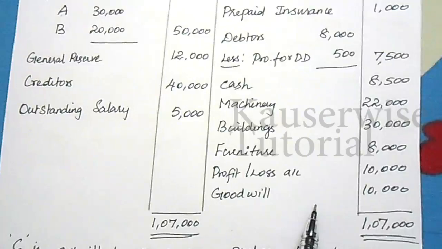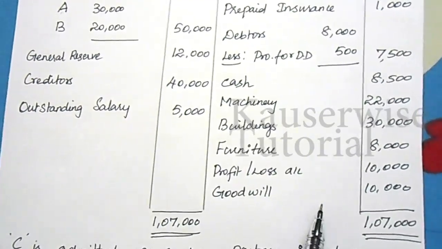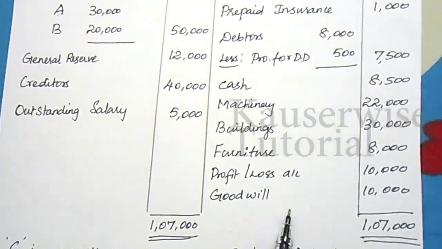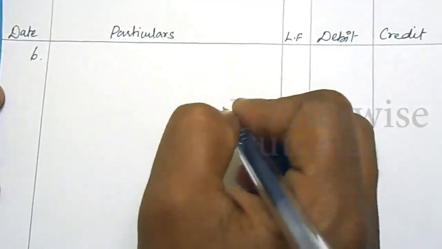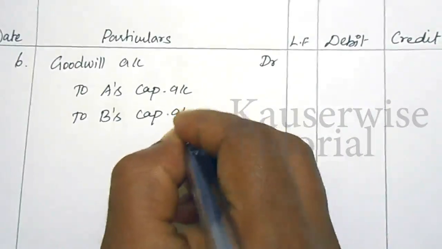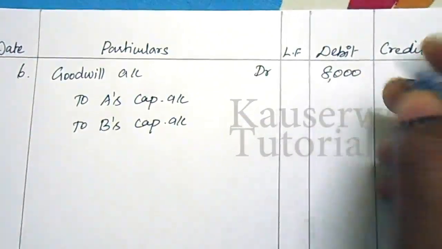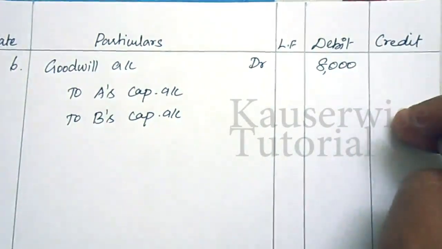That 8,000 will be transferred to the old partners' capital accounts according to their old profit sharing ratio. So the entry is goodwill account debit to A's capital and B's capital account, 8,000.